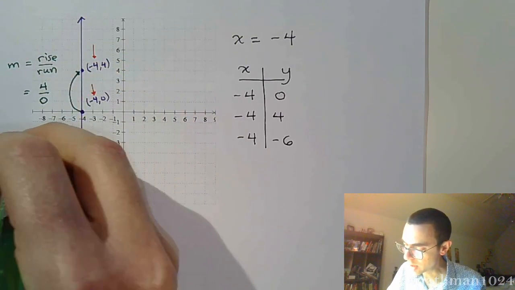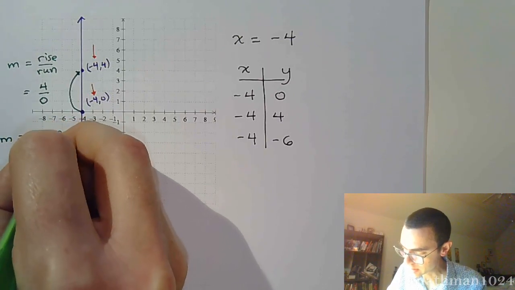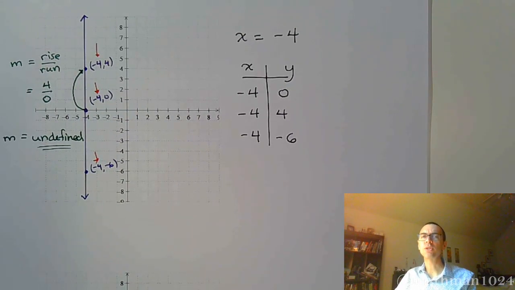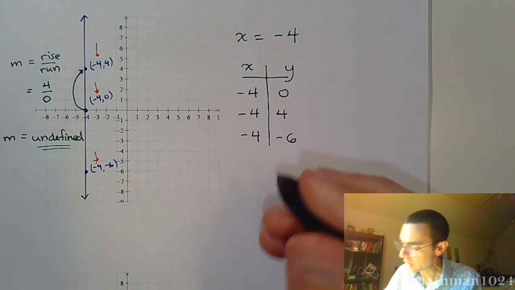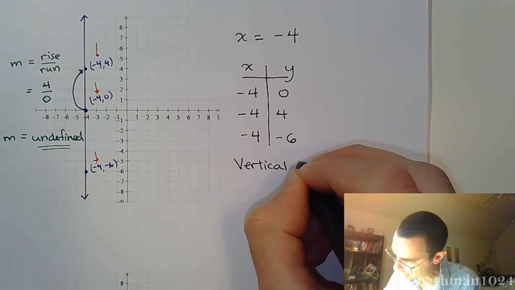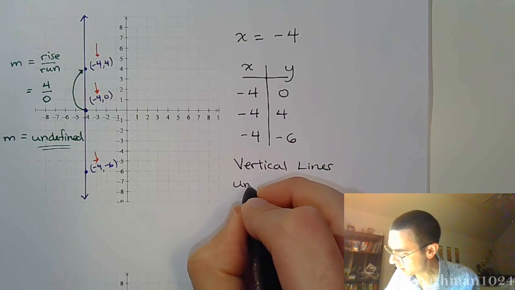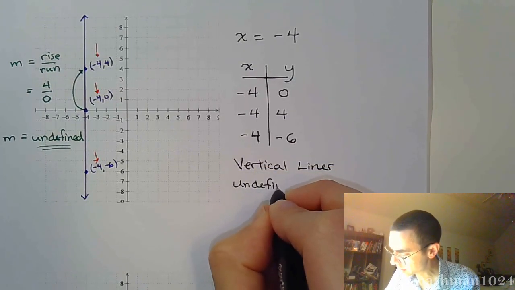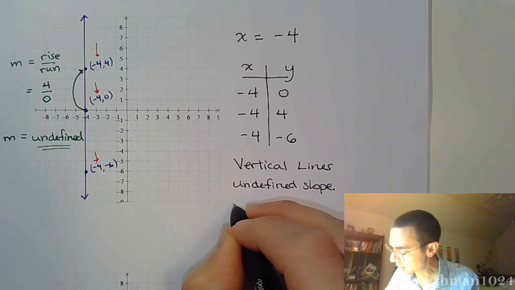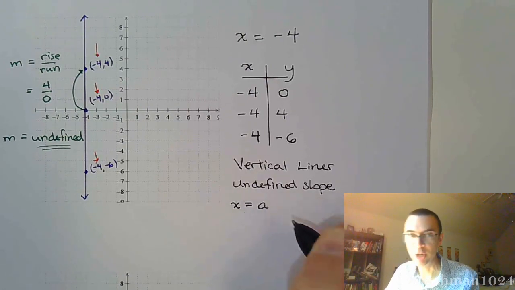And as we mentioned before, when you divide by 0, you come up with an expression that is undefined. And that's what we have here. Vertical lines have an undefined slope. And they always take on the form x is equal to just a number.